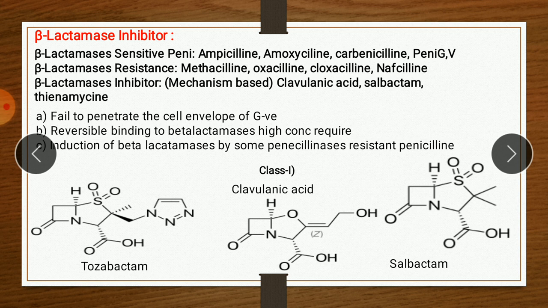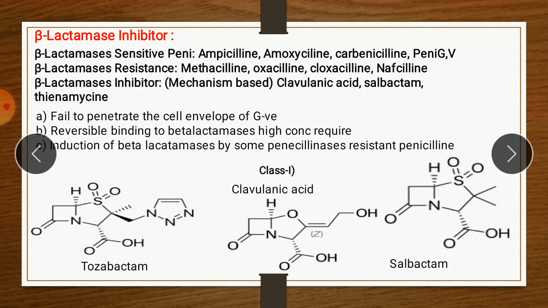Early attempts to obtain synergy against such a resistant strain, by using a combination consisting of a beta-lactamase resistant penicillin like methicillin, oxacillin as a competitive inhibitor, and a beta-lactamase sensitive penicillin like ampicillin and carbenicillin to kill the organism, met with limited success.